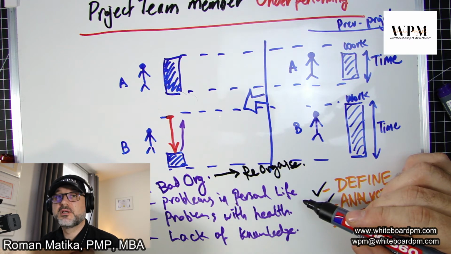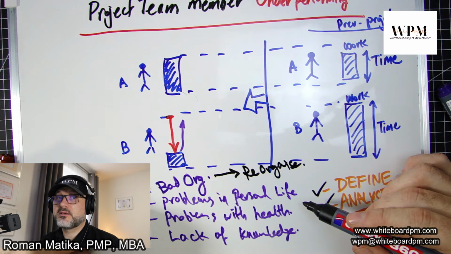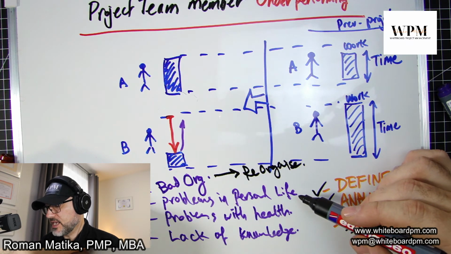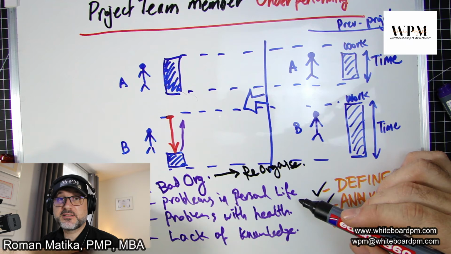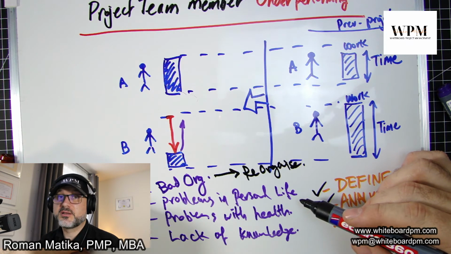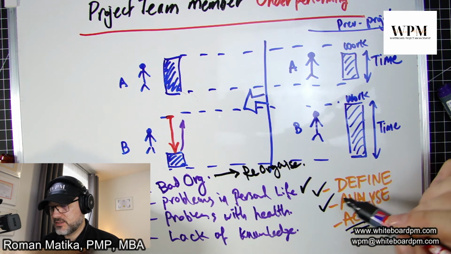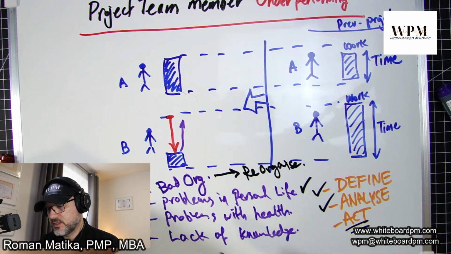Do your best to support this person. Once he feels that you as a project manager are behind him, and important is that the company is behind him as well, he will feel that it's a safe place to work, and he will be more motivated to do the work more than usual. So this is the other act.